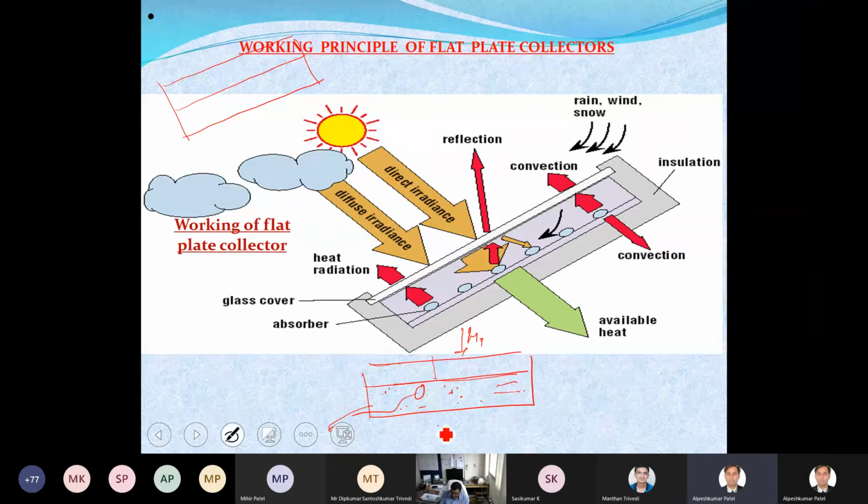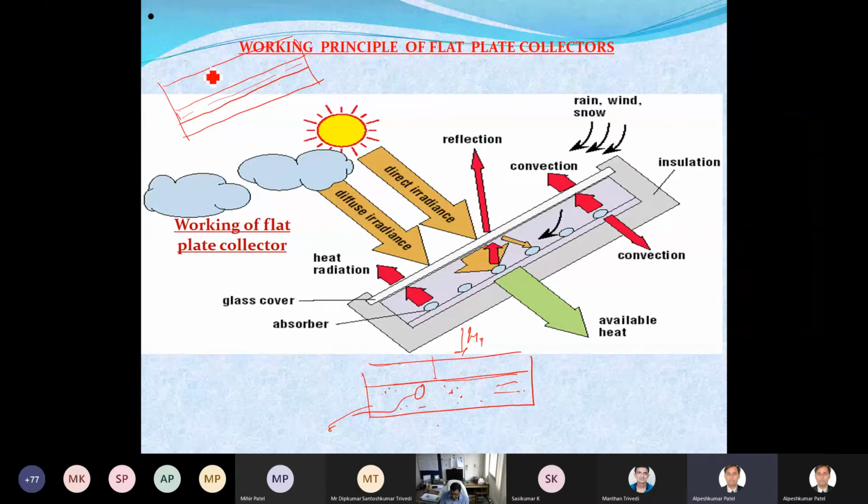The only thing is, with water we allow a small quantity to take a given amount of heat, but if you allow the same quantity of air, it will not be able to take up that heat. So the thermal losses will be more, and we need a larger quantity of air, which means the passage should be larger. So we will not have a tube, we'll have a duct.